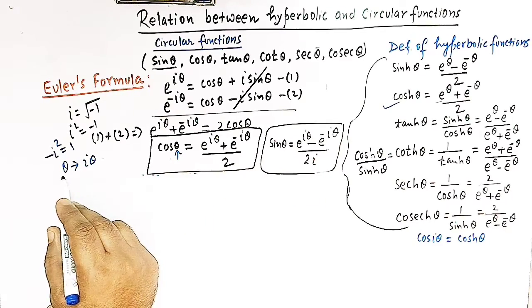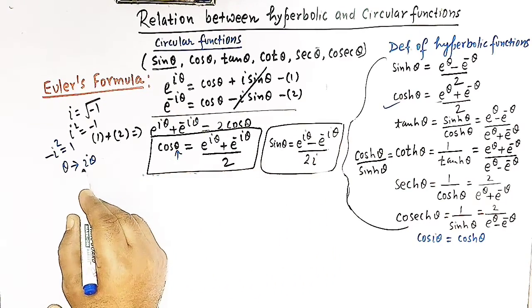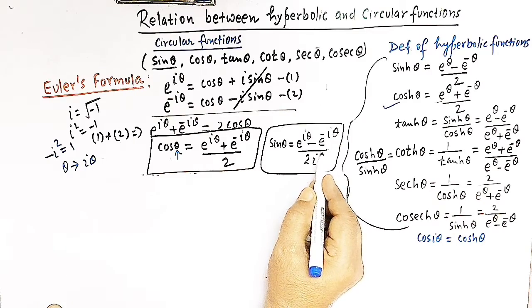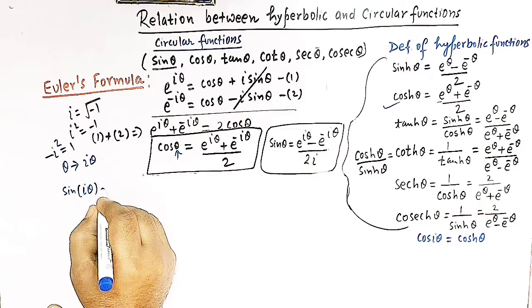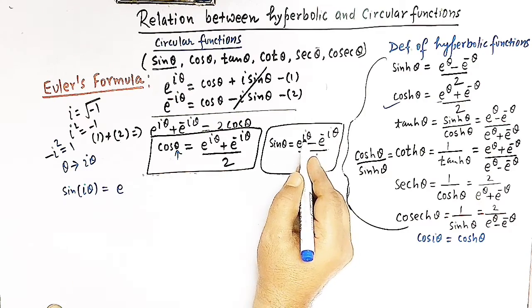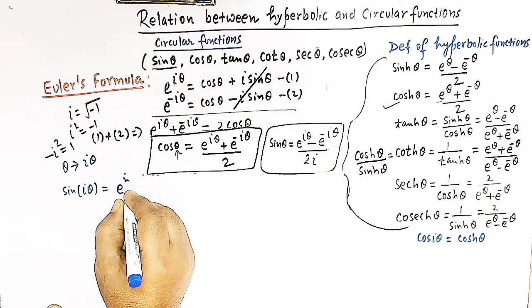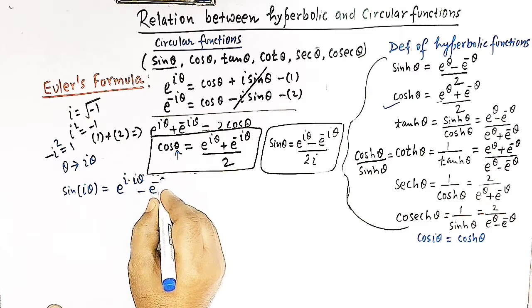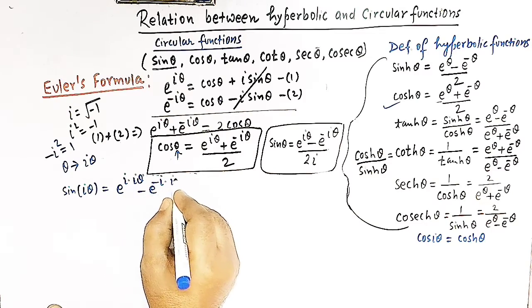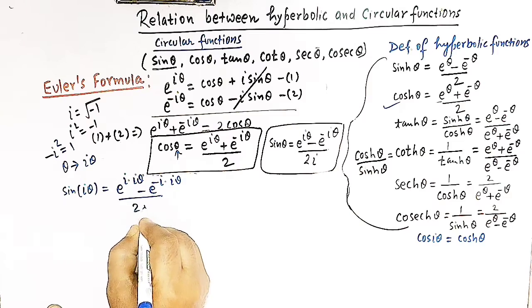So now let us replace theta by i theta in this expression. So we have sine of i theta, that is equal to e raised to i times i theta minus e raised to minus i times i theta over 2i.